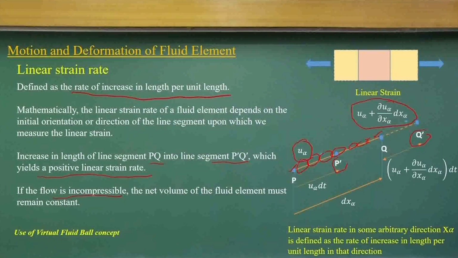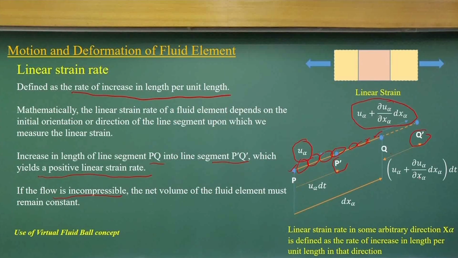Now, if you look at these problems, you can find the linear strain rate very easily. The linear strain rate is the change in length per unit increasing length, divided by the original length.